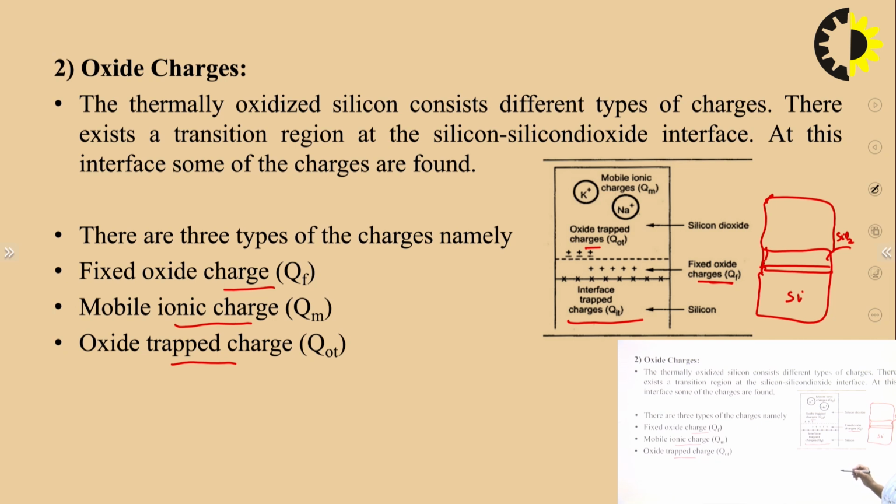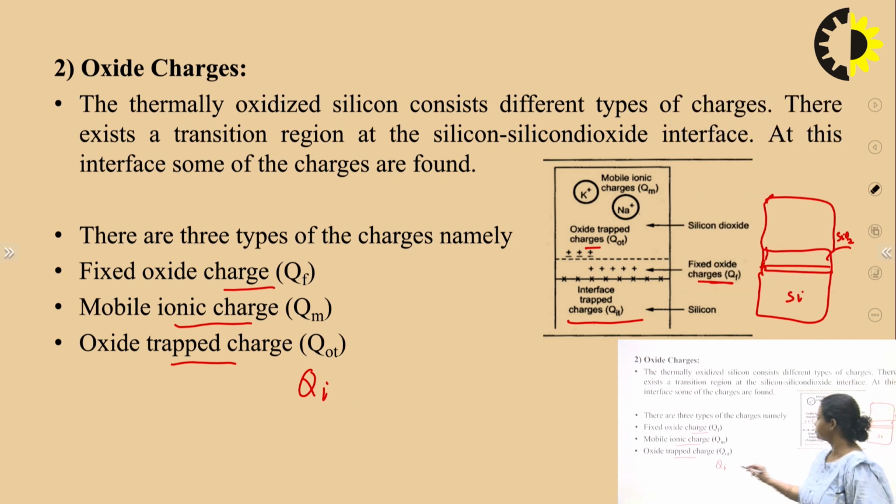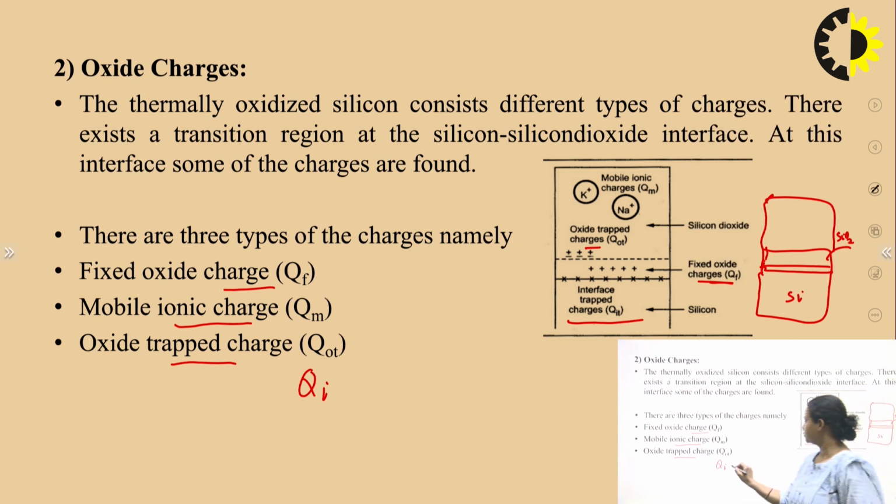So the different charges are QF, QOT, QM, and one charge that I forgot, QIT.